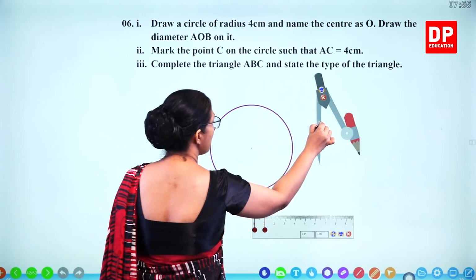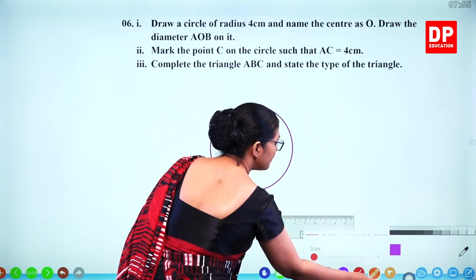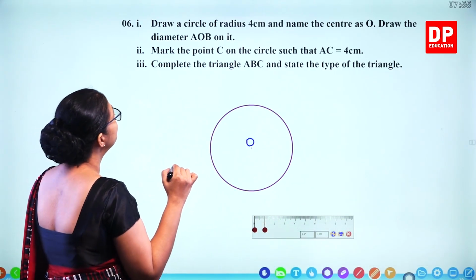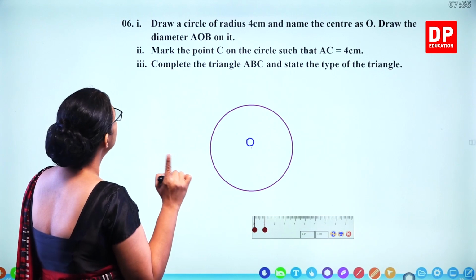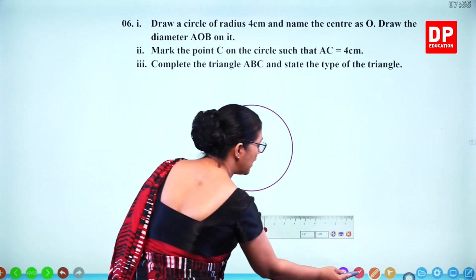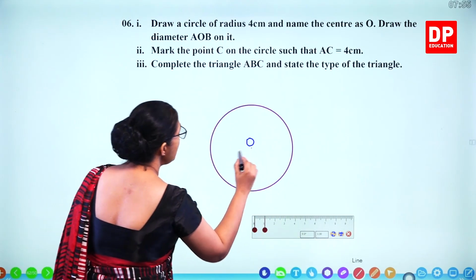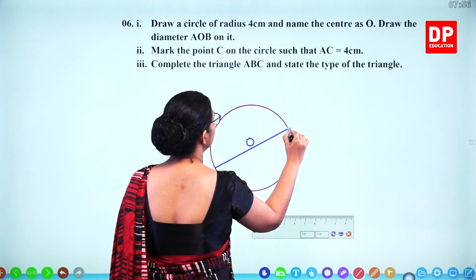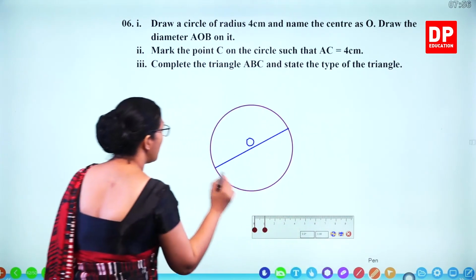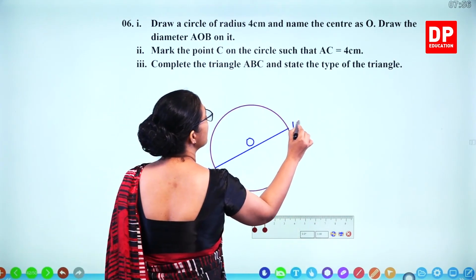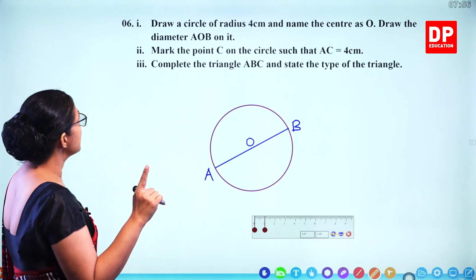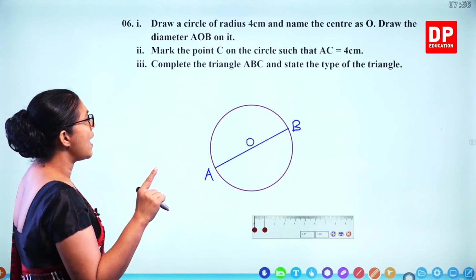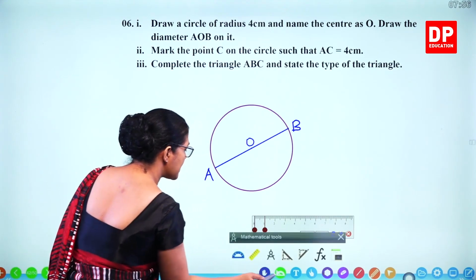Then what's the next step? Mark the center as O and draw a diameter AOB. So diameter means any line that passes through the center. So we can mark AB here. AOB is the diameter. Mark a point C on the circle such that AC is 4 centimeters.